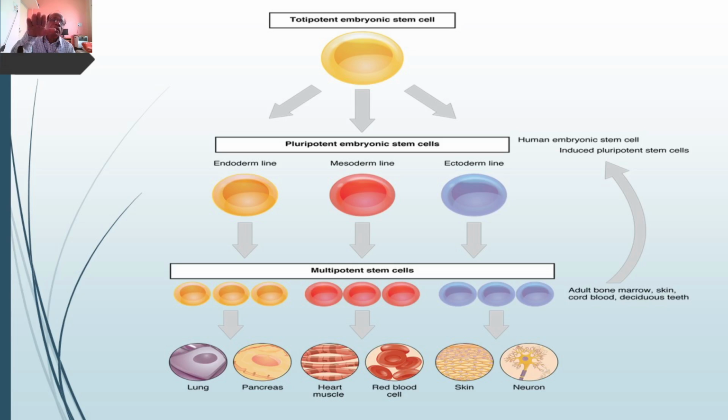This is a diagrammatic representation of the transformation of embryonic cells to pluripotent or multipotent cells, and at the end of the development there is a complete development of the different tissues, organs or systems of the living organism to perform different biological functions, maybe protection, sensation, nutrition, respiration, circulation, excretion or neurotransmission.